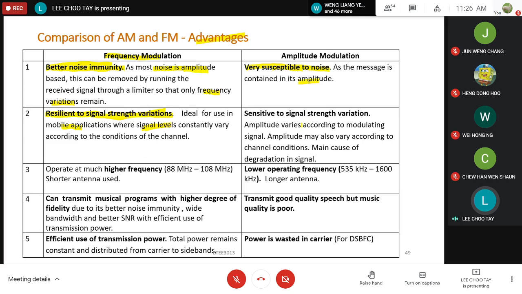Whereas for amplitude modulation, the amplitude of our AM signal varies according to the modulating signal, isn't it? Therefore, it's very sensitive to signal strength variation.